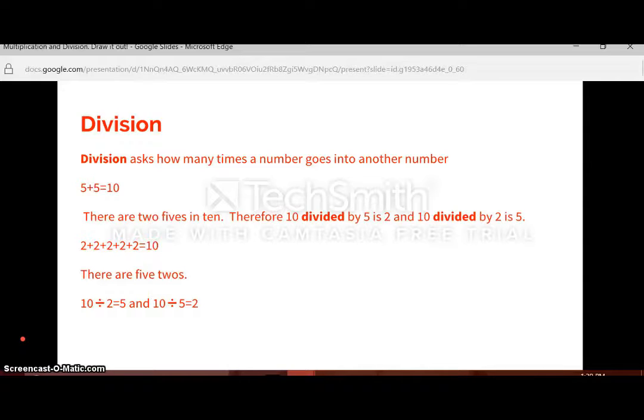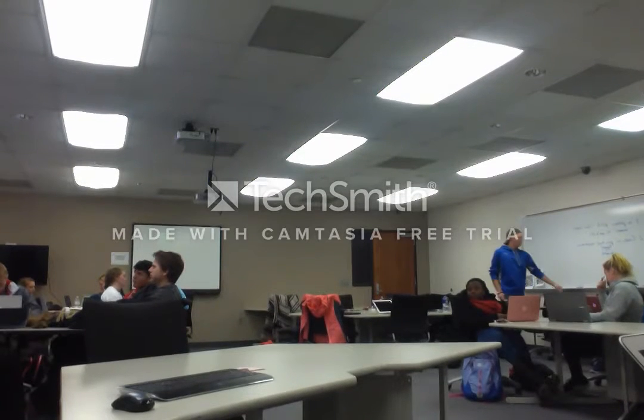It's pretty much working backwards from multiplication. It gets a little bit more tricky when it comes down to division. It seems like division's more of a memorization type thing. But then we can see that you start with the biggest number, which is the 10, and then you divide it by a smaller number to get a smaller number. So it's just simplifying the problem.